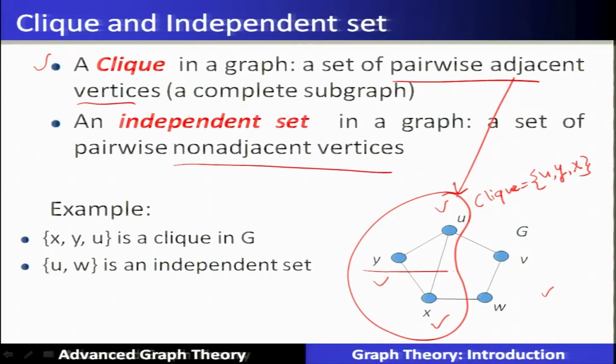Let us say that these two vertices v and y do not have any edge, hence this will form a set of pairwise non-adjacent vertices and is called an independent set.